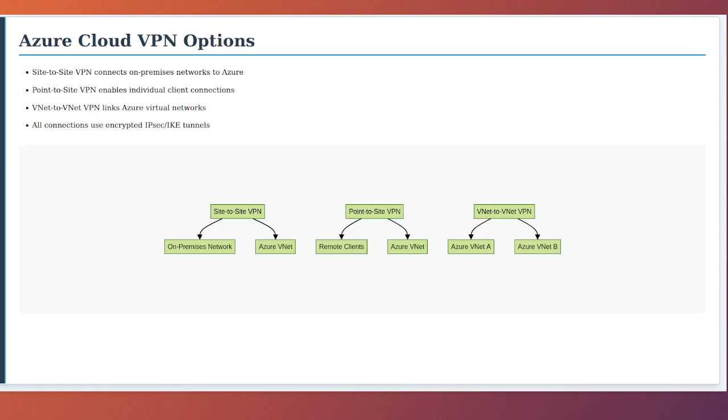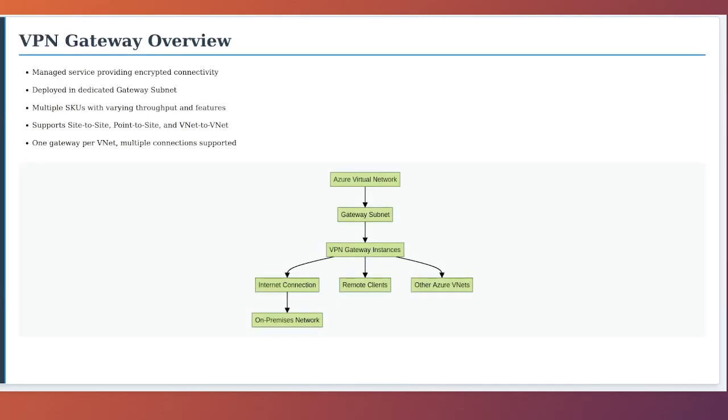At the bottom, VNet-to-VNet VPN demonstrates how multiple Azure virtual networks can be interconnected. Each pattern serves different business requirements and technical scenarios, and understanding when to use each option is crucial for optimal architecture design.